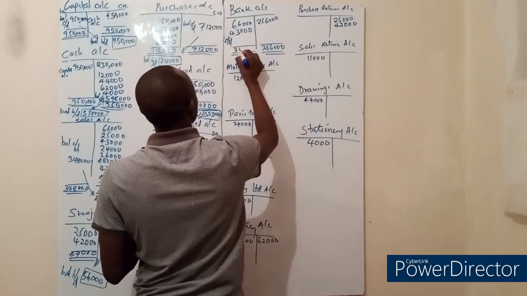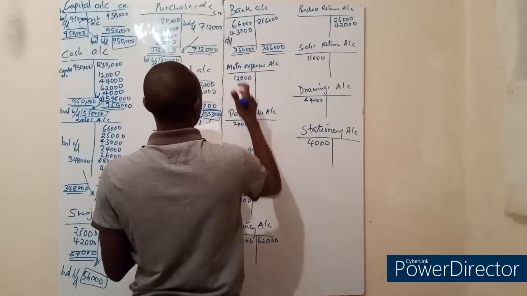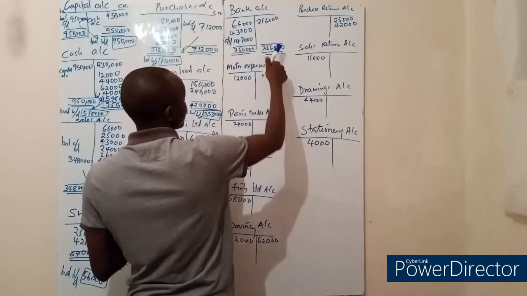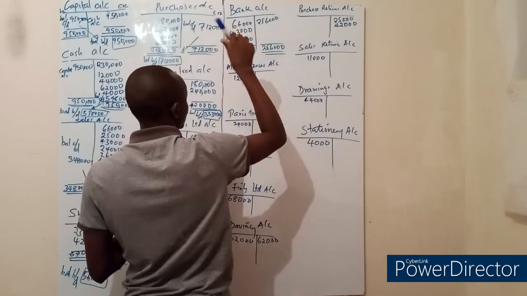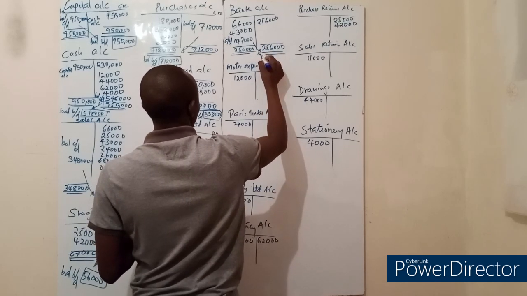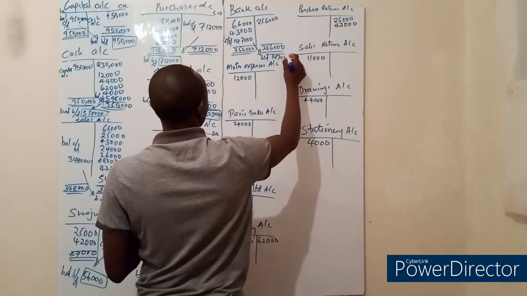Also this side must balance with 256,000. So our balance brought down is 147,000, being the difference, 256 minus the total of 66 and 43,000, which is 109,000. So directly opposite, you write balance brought down of 147,000 Kenya shillings.